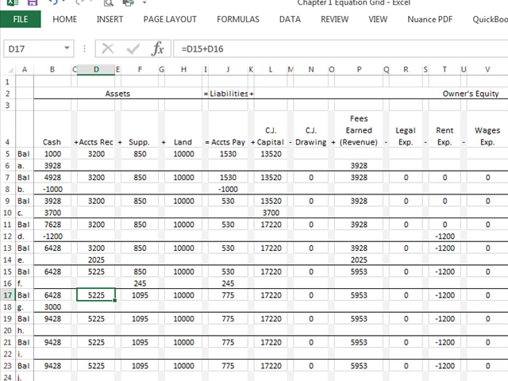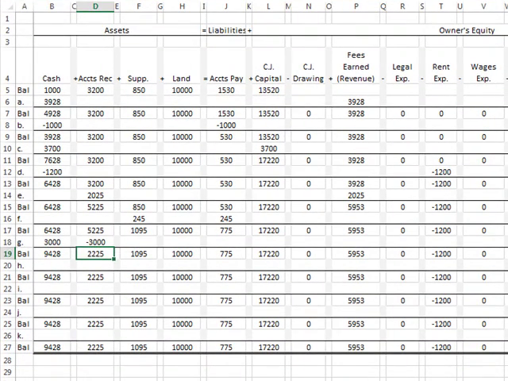When the transaction reads received cash from clients on account for $3,000 or for however much, you're going to reduce the accounts receivable account by that amount. Out in the real world, this would be: we went to the mailbox, opened it up, there was a check for $3,000, we put it in the account, and why did we receive that money?